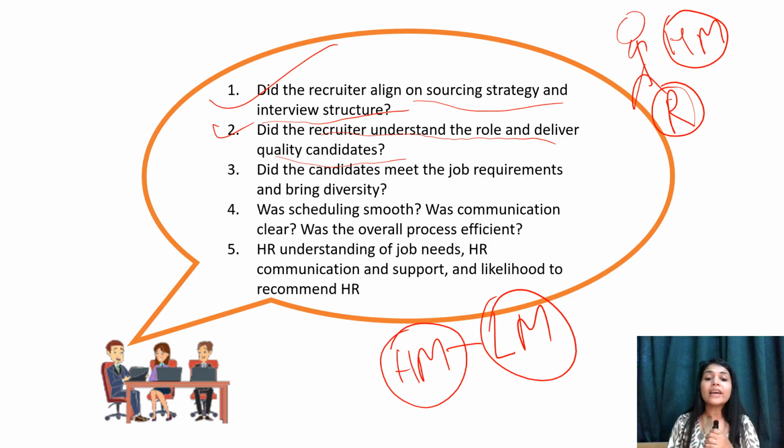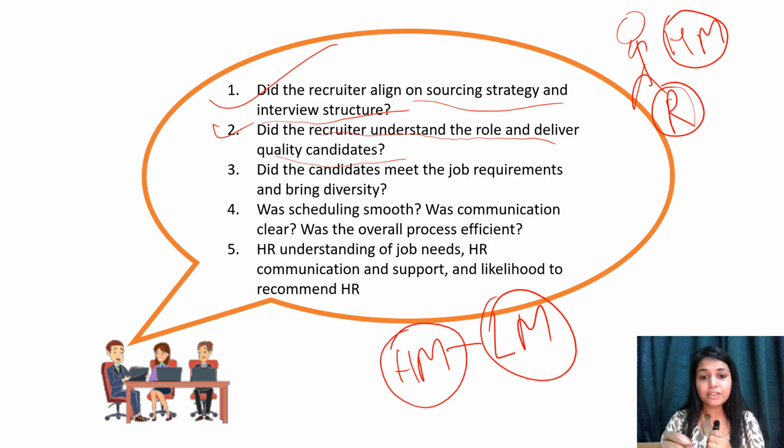While the hiring manager is the departmental leader who evaluates the shortlisted candidates and makes the final hiring decision, because every single department has specialized knowledge, wisdom, and skills. That can be measured only with the help of the hiring manager who is in the department.